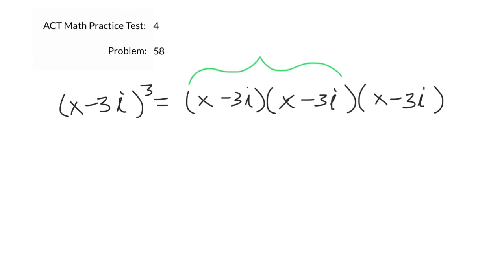What I'm going to do, furthermore, is wrap these in green brackets because I want to make very clear what this becomes on the next line. After foiling it, we end up with x squared, that's first times first. Then we're going to have outer times outer.